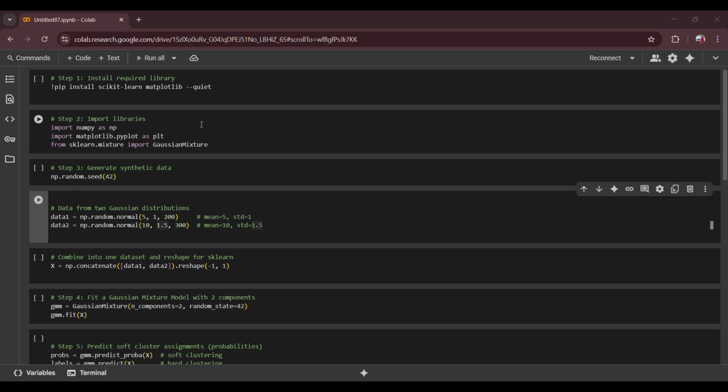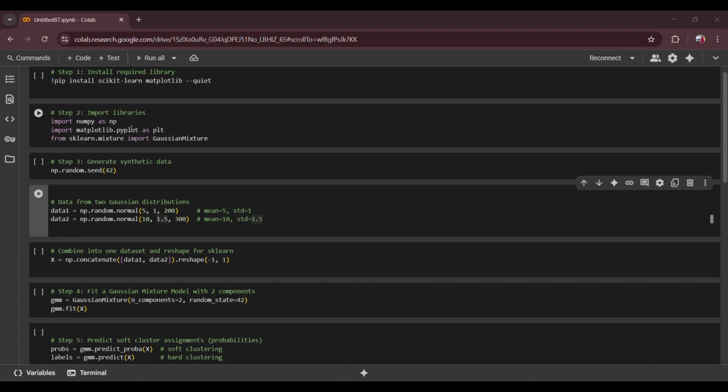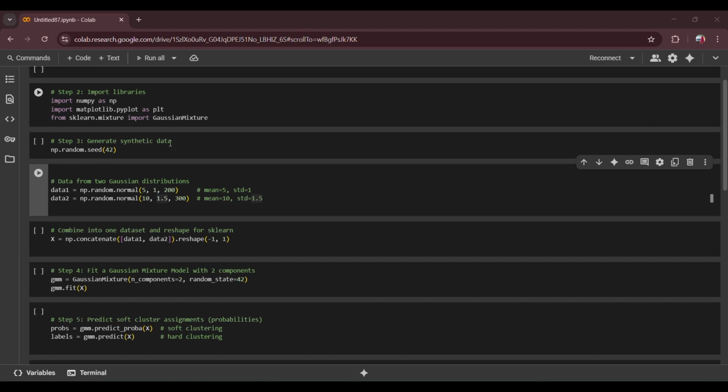In the second part, we've imported a few more libraries: NumPy, matplotlib.pyplot, and from sklearn.mixture, GaussianMixture. NumPy is for handling numbers and arrays, matplotlib.pyplot is for plotting, and GaussianMixture from sklearn is a ready-made class that implements the Gaussian mixture model for us.